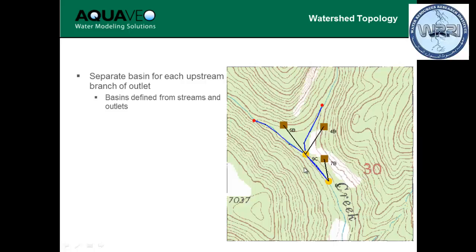Does that make sense? So I have two streams. I have this outlet here defined where these two streams come together. WMS creates a subbasin for each stream that comes out of an outlet point. So I have this subbasin here that goes with this stream, and then this subbasin here, 5B, that goes with this stream. So it creates a basin for each outlet.